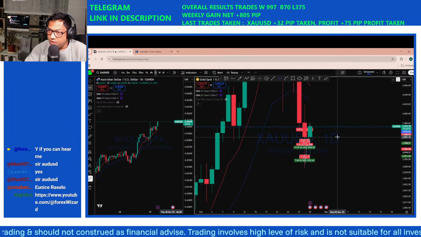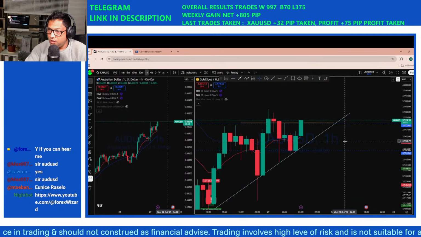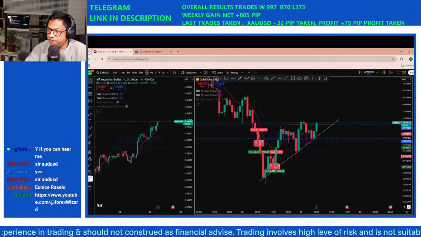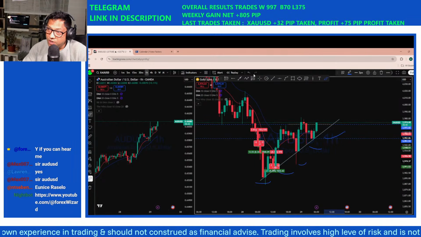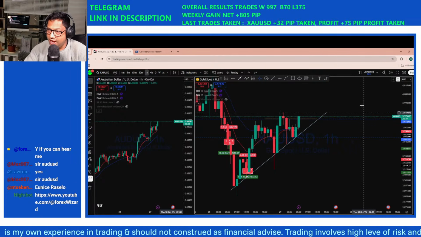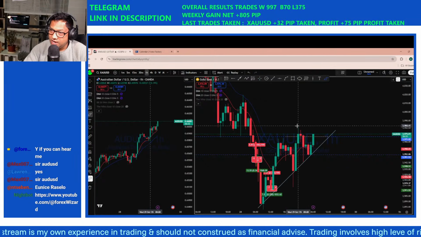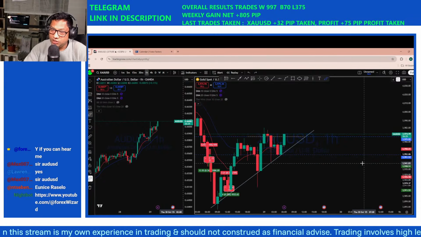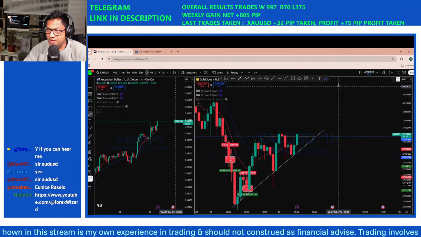From that support level there is a series of higher lows that you can see, and because the market is maintaining that series of higher lows on gold, there is an inverted head and shoulder formation, and with that inverted head and shoulder you can see the market now approaching that resistance line.